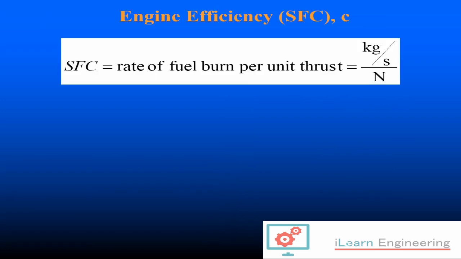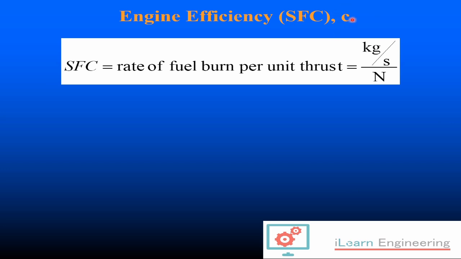One of the parameters that you might want to investigate when you are looking at propulsion is the engine efficiency, which is called the specific fuel consumption, SFC, and lowercase c is sometimes used to denote this value in equations.